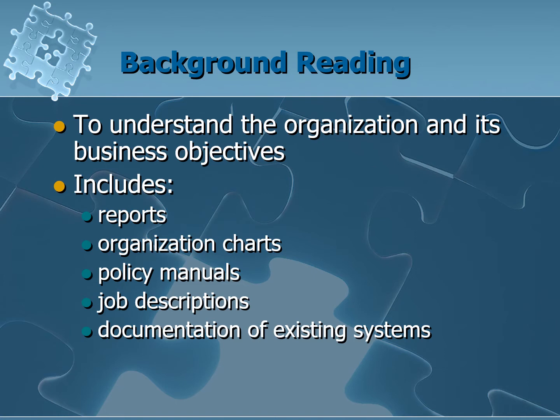So if you are doing analysis on a current system, what you can do is get as much information as possible. The easiest way is to actually do reading. What kind of material can you read from that organization?